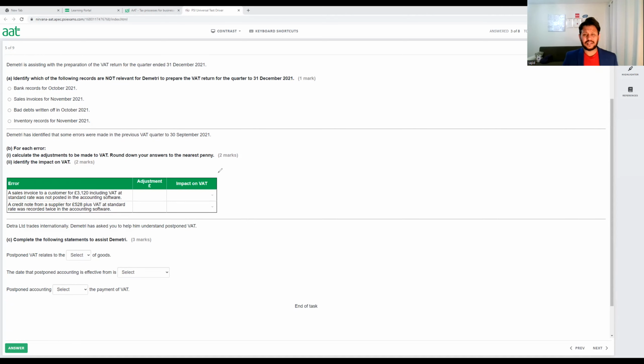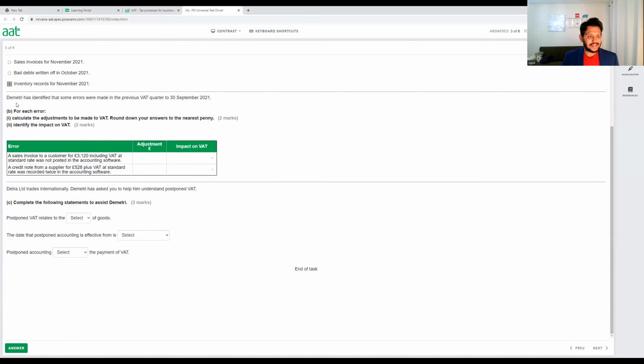Remember that inventory has no connection with the VAT return. So how much stock you have doesn't matter; your VAT will not increase or decrease. So the bank record, yes, it is relevant, of course. Sales invoice, yes. Bad debt relief, of course. But only this one, inventory records, is not relevant to the VAT, because the inventory value has no impact on the VAT return.